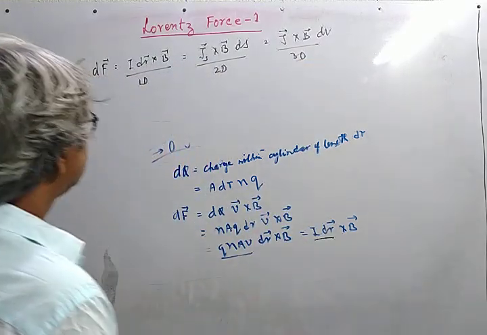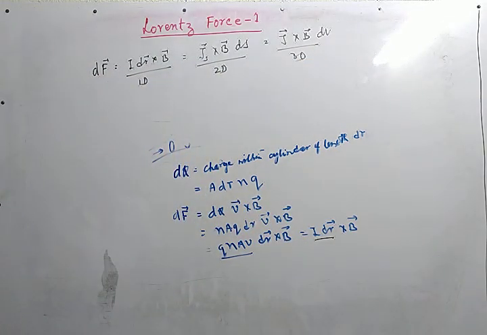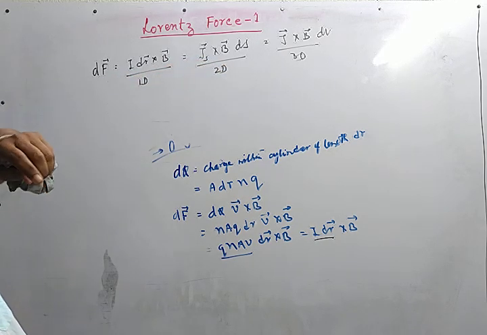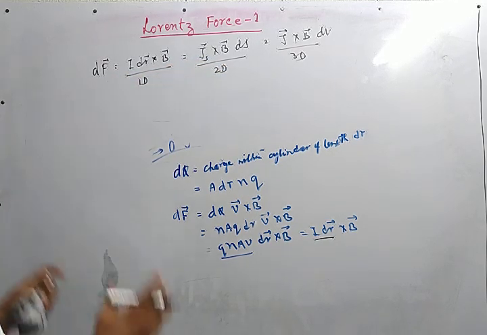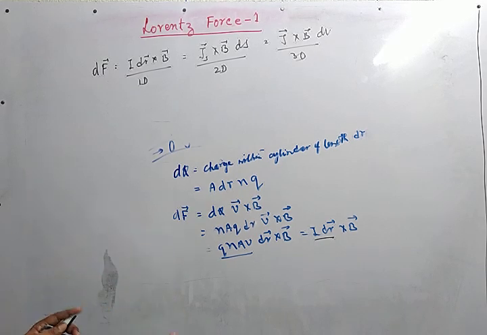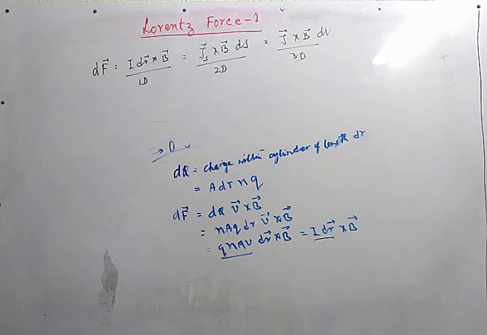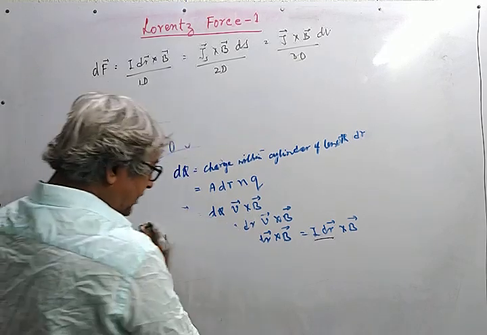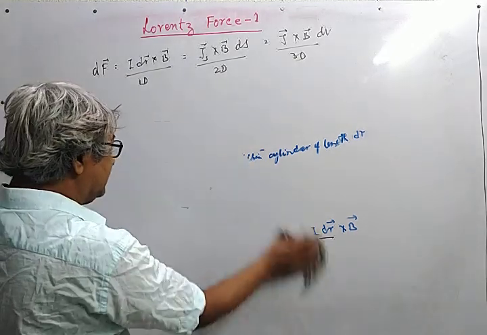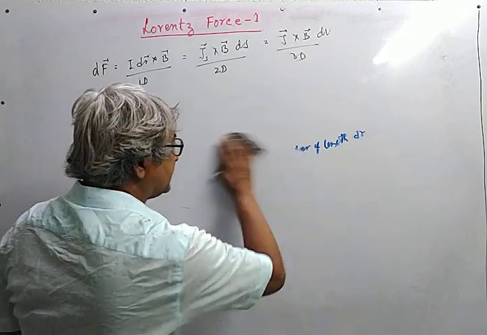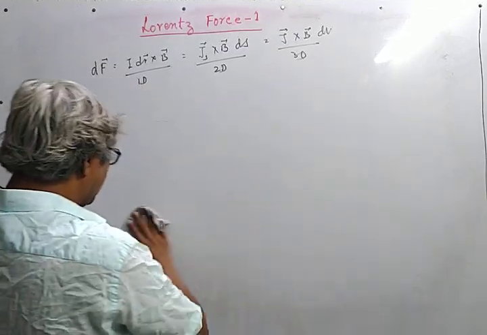Note that we are not using primes here because the current carrying conductors are no more the source here. Rather, a field B has been created somehow and the conductor is being placed in it. So the force acts on the conductor. At present we are not considering this conductor as the source of the field.